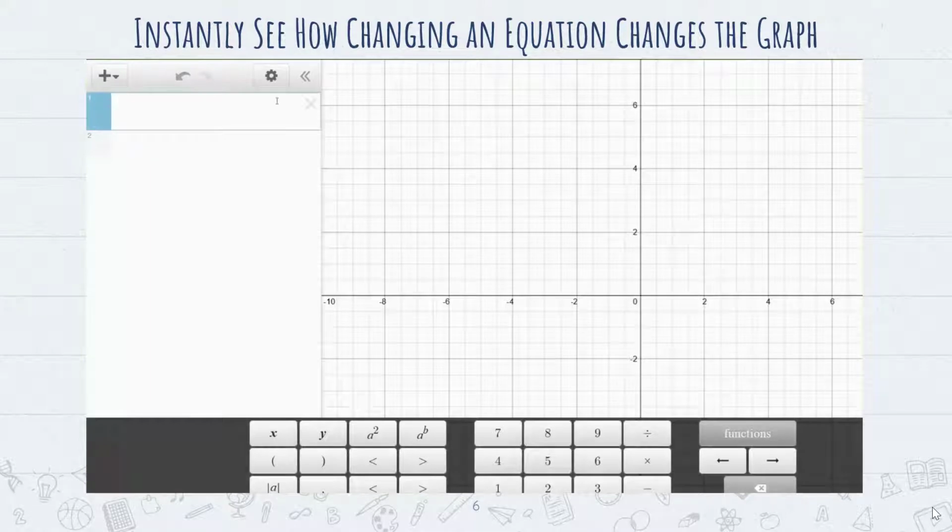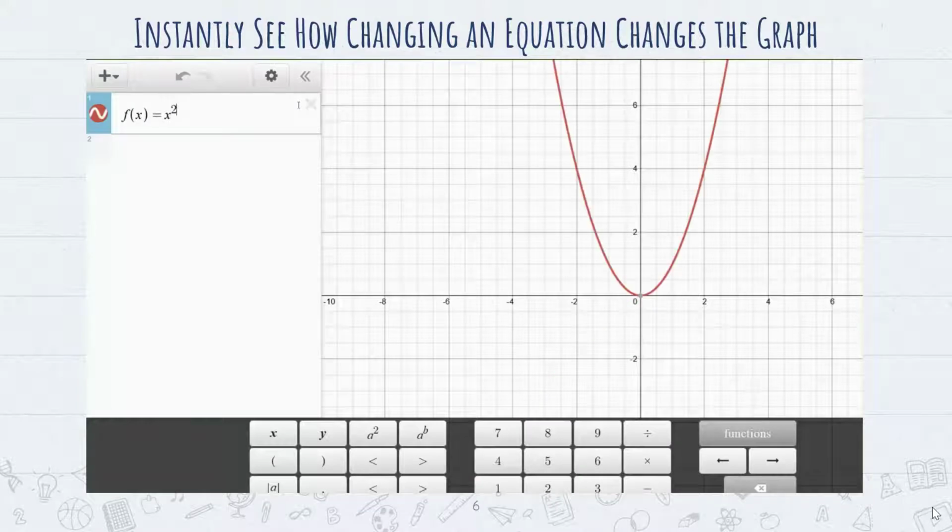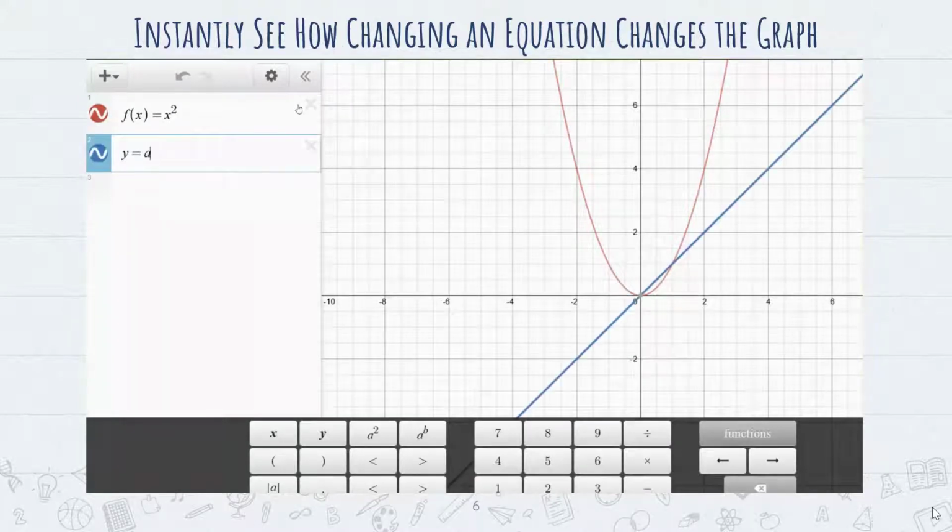The other way that the graphing calculator allows the student to see how the changes made to an equation affect the graph is by using sliders. Sliders allow the user to answer what-if questions. For example, in the function f of x equals x to the second power, what happens as this function goes through transformations?